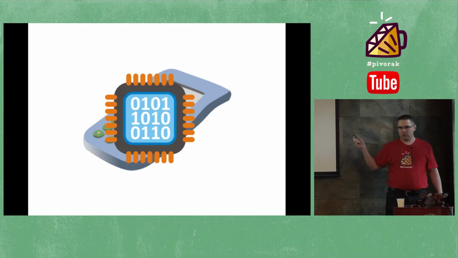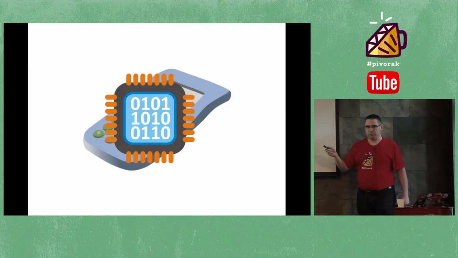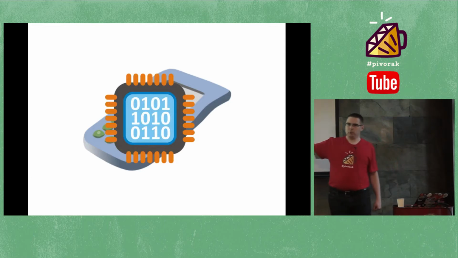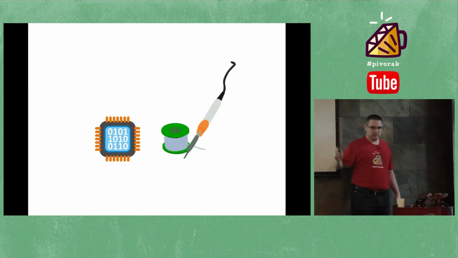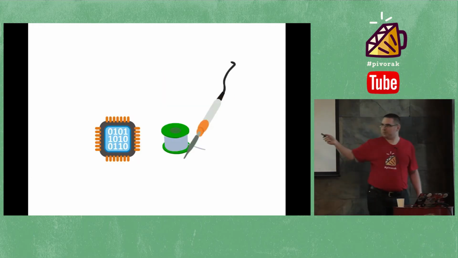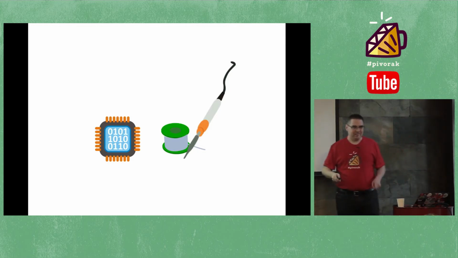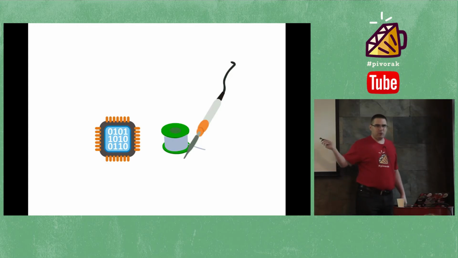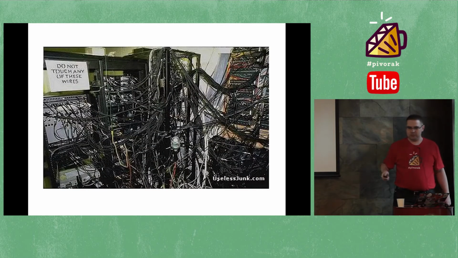And some people know how to play with it. Some people designed it, so they have to know what happens inside. And some people know how to use a soldering iron, and they want to just dig in. But if you sometimes play and you don't have enough knowledge, these things happen.